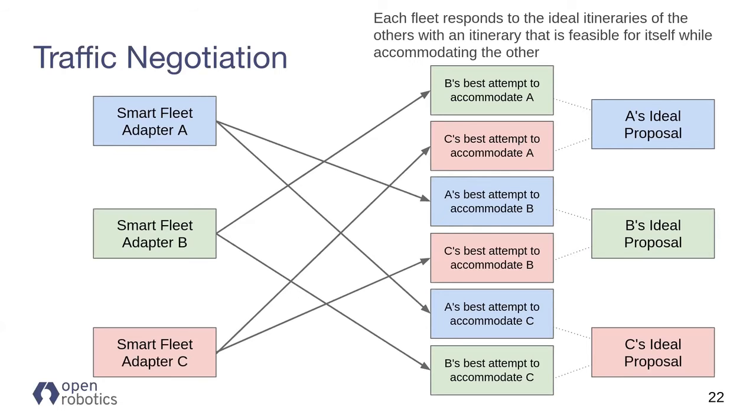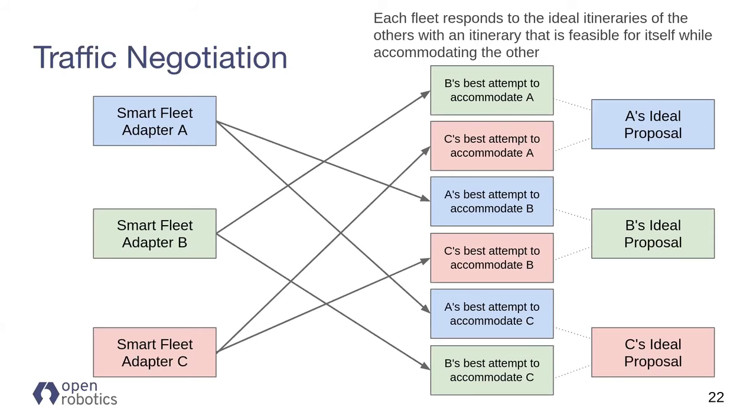So if we have smart fleet adapter A, then we have A's proposal, and B will create an attempt to accommodate A, and C will create an attempt to accommodate A also. So each one of them will try to accommodate the other two, right?